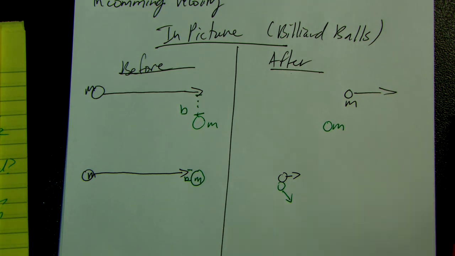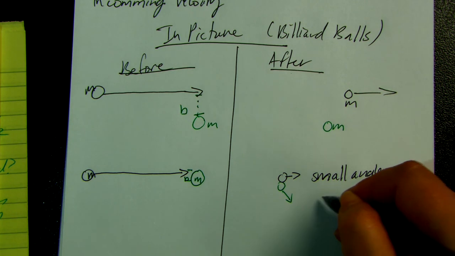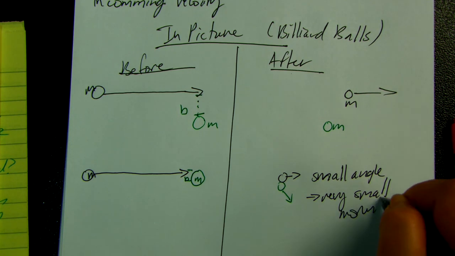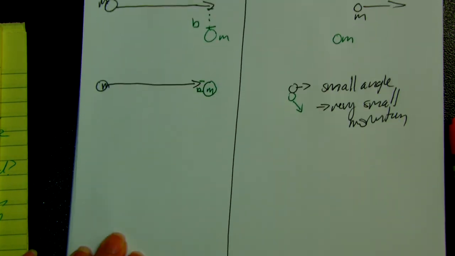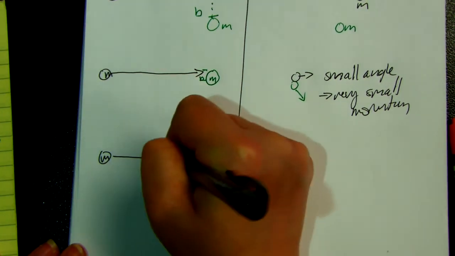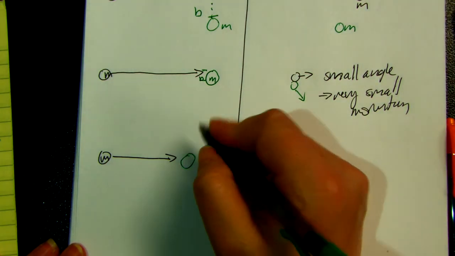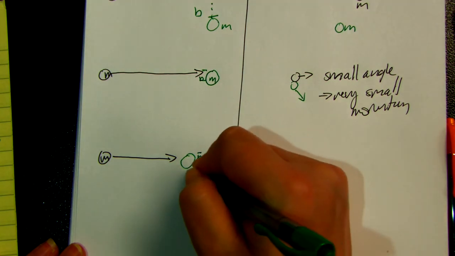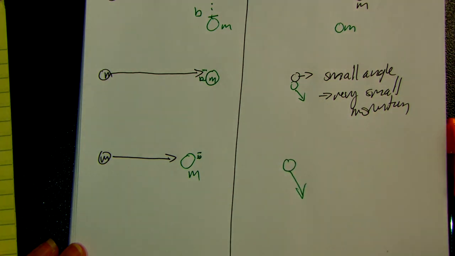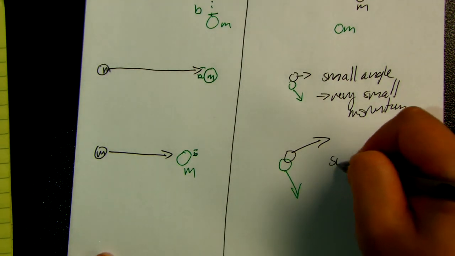And you'll get a small angle, very small momentum transfer. And you could have M coming in not quite dead on, but with a really tiny b, hitting M, and you'll get a much larger angle. Symmetric scattering.